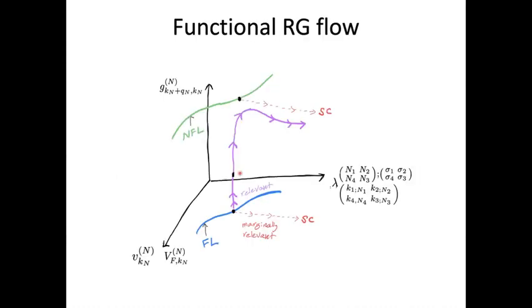So ideally, the goal is to understand the full functional RG flow of this coupling function, right? So it's an infinite-dimensional space of couplings. So this axis here is the axis of free fermion, right? Here I specify the shape of the Fermi surface and the Fermi velocity.